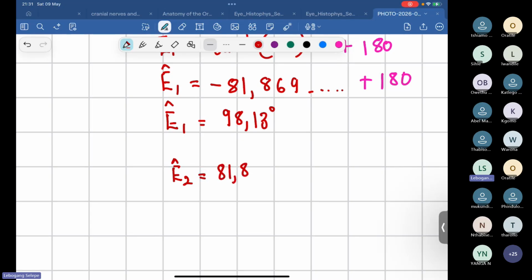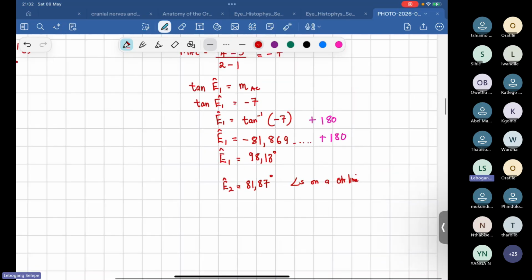And the reason why, remember we said, it's because of angles on a straight line. Those two angles are on a straight line. So the one that is positive is the inclination one. The other one that is not the inclination has to be the negative one. And that's why we said angle E2 is 81.87 degrees, because these two are angles on a straight line.